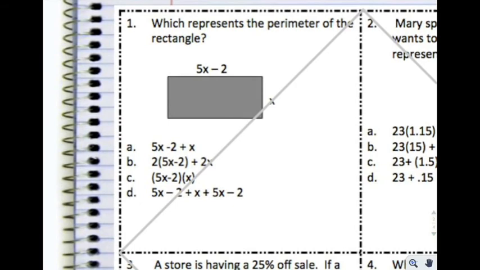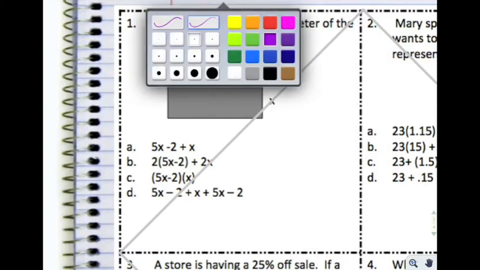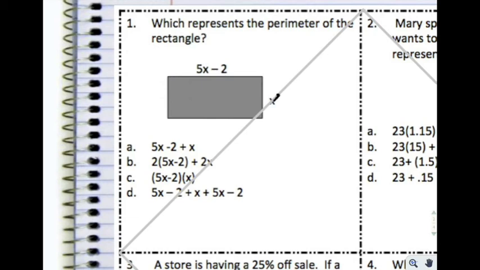Which represents the perimeter of the rectangle? And it gives you 4 equations here that you need to think about. Well, just for our own sake, let's make sure that we know that this line here is an x, right? So I have a rectangle, and what do I know about rectangles? Well, rectangles have opposite sides that are equivalent.